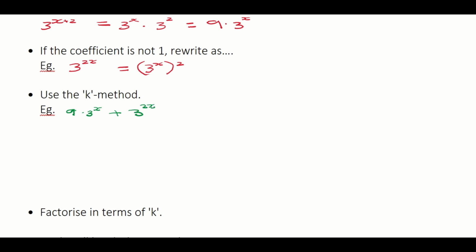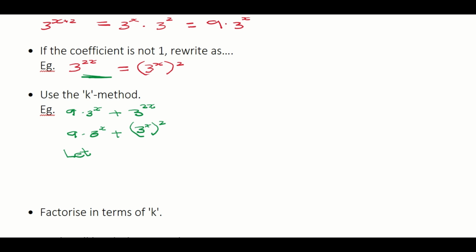So remember, 3 to the power of 2x, as we saw up here, gets split and rewritten as 3 to the power of x squared. Okay, then 9 times 3 to the power of x plus 3 to the power of x squared.